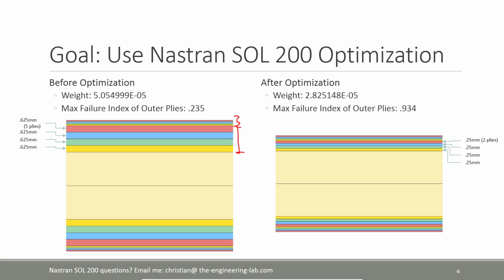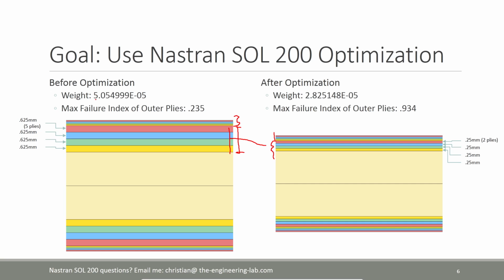If you look at the before and after, you'll see that the top plies continue to be 0.125 millimeters in thickness, but only these internal layers are allowed to vary in thickness, and this is how we're going to perform the ply thickness optimization in this example.